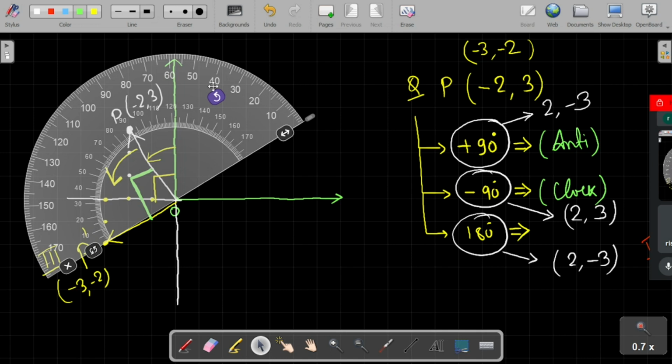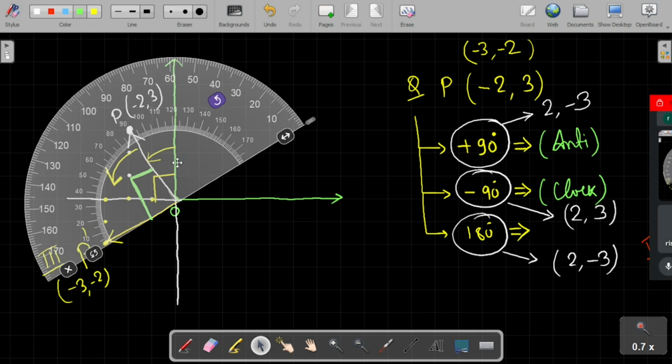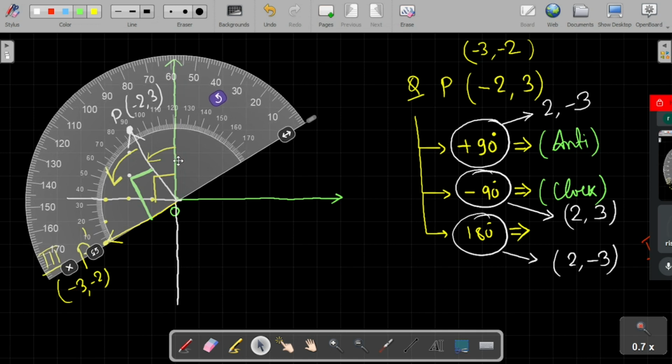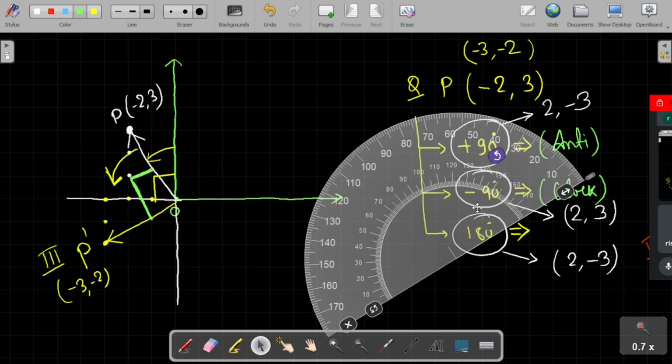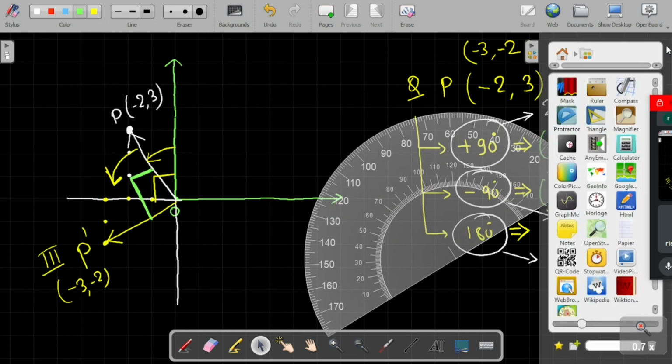Yes, is it 90 or not? Approximately, I have drawn it by freehand, but you can see, yes, this is 90 degree. And another thing I also want to verify, that the length of position vector will be the same. If you try to measure the length of this position vector, this will be the same.